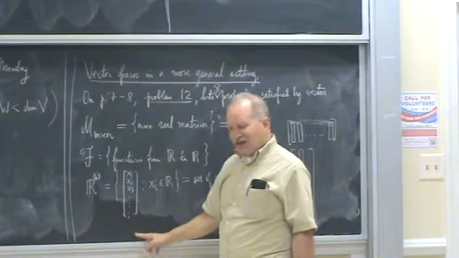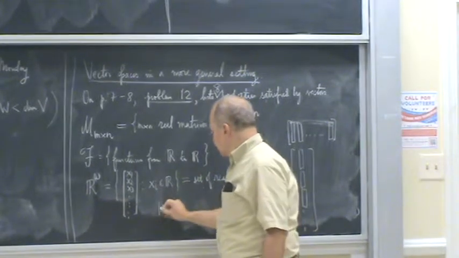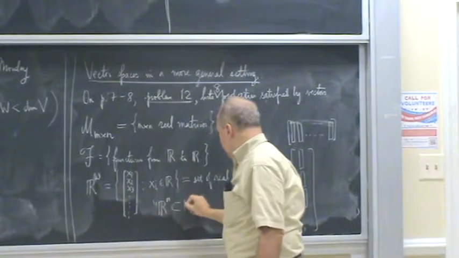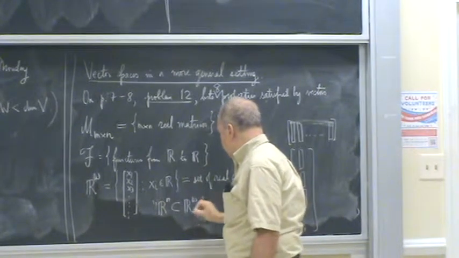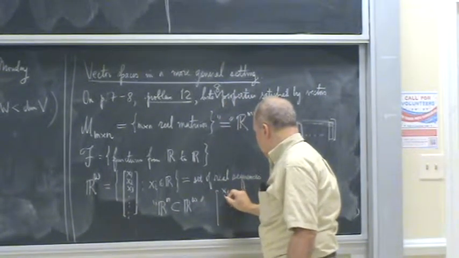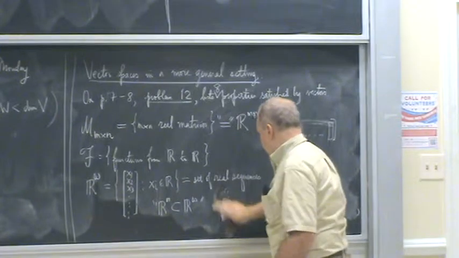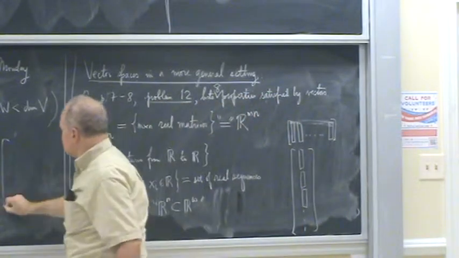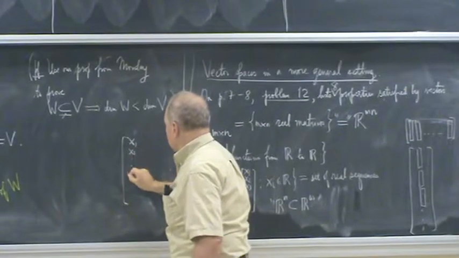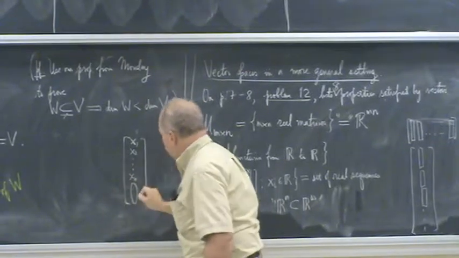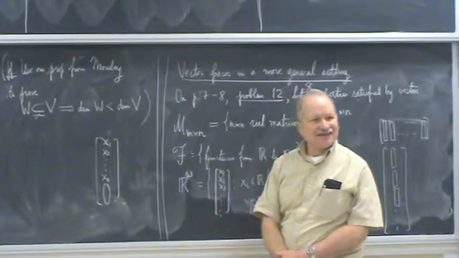It feels like there's an Rn sitting inside R omega for every n, by taking a sequence that has all zeros for the end of the sequence.